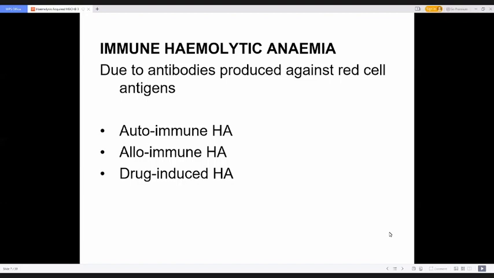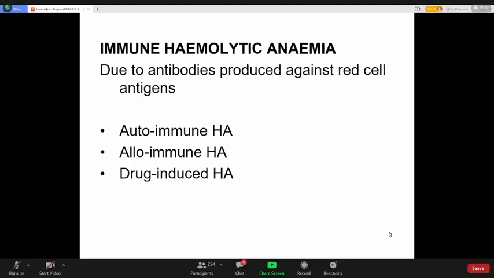Okay, so what is the nature of these antibodies? These antibodies can be autoimmune, and autoimmune means that there is no external factor that promotes this production of the antibody to own red cells.